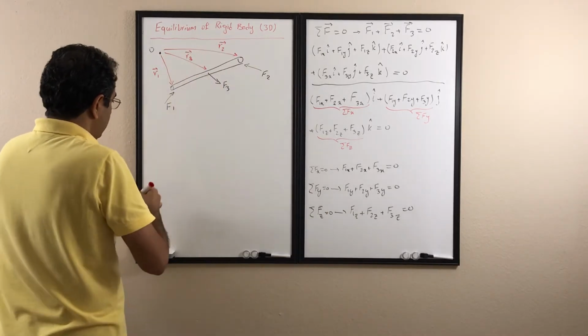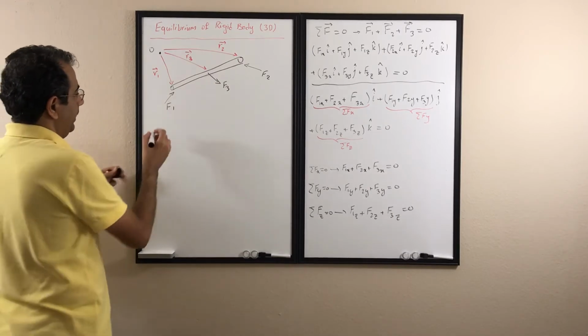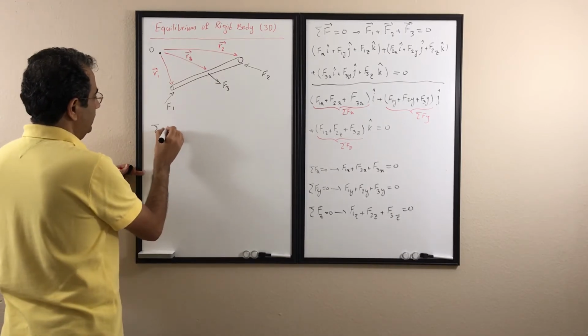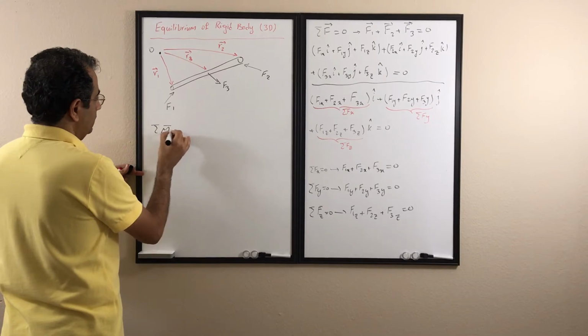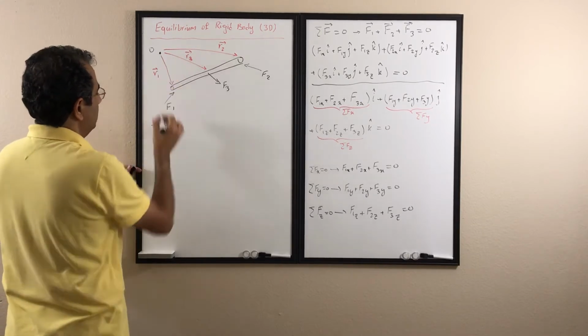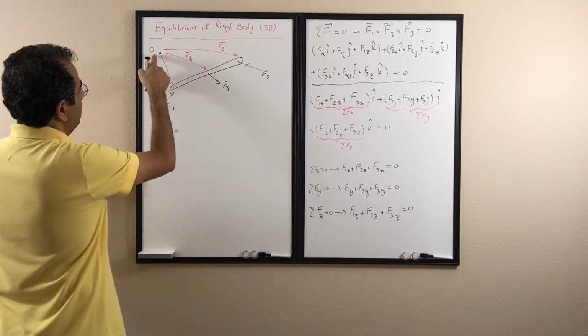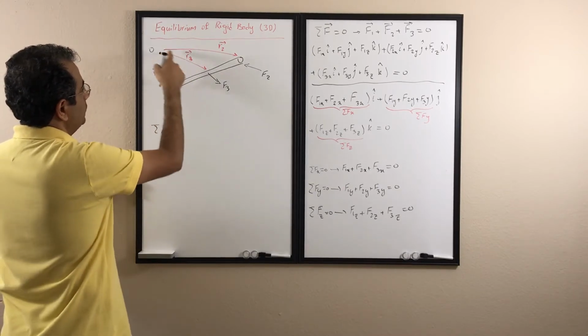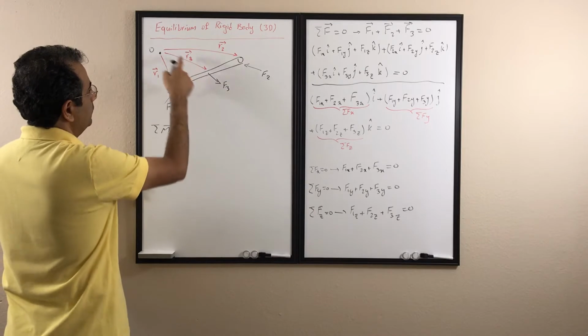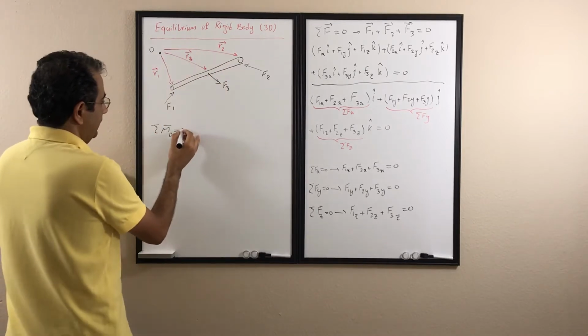Sigma M is going to be about any given point. So here I pick point O. If I want to write about point O, I have the position vector that goes from the point to the force.